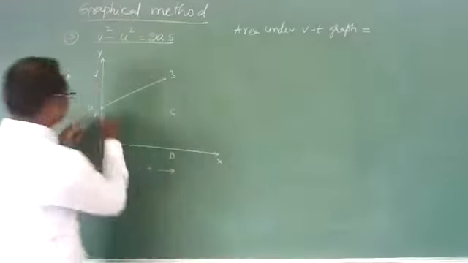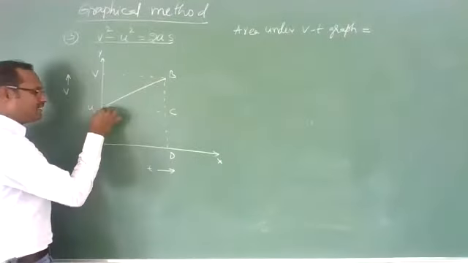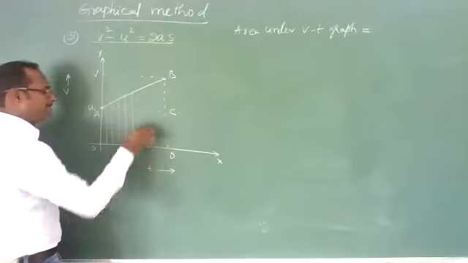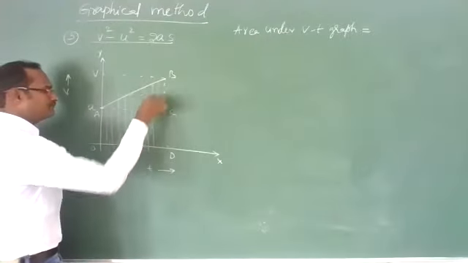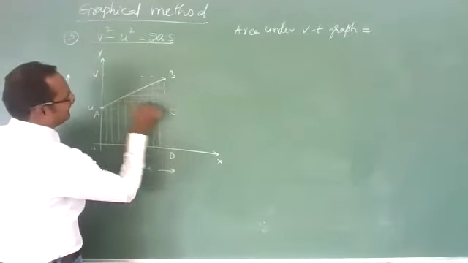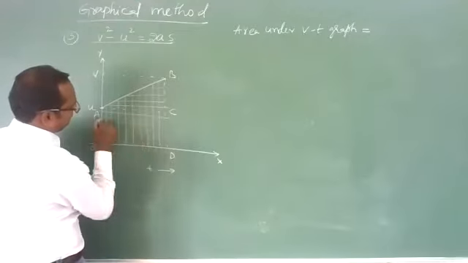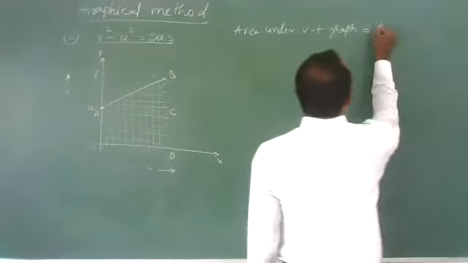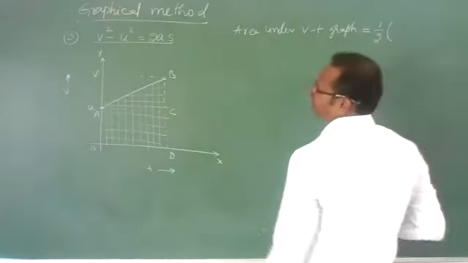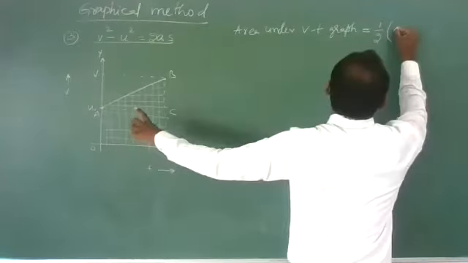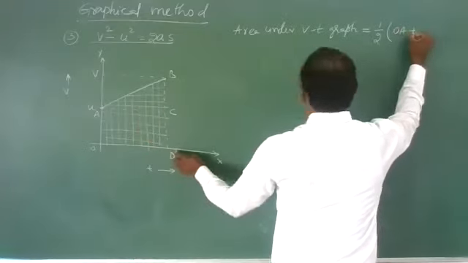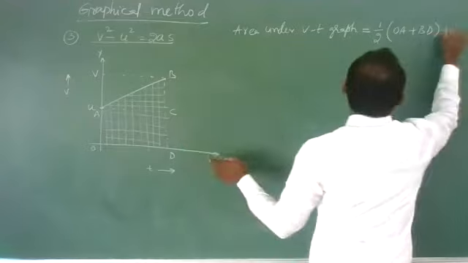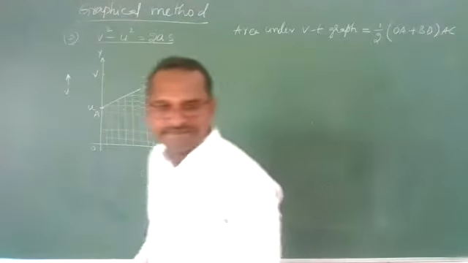Area of this trapezium, the total area. So what is this area? This area is half into the sum of the parallel sides OA plus BD, into the height AC. This is the area.